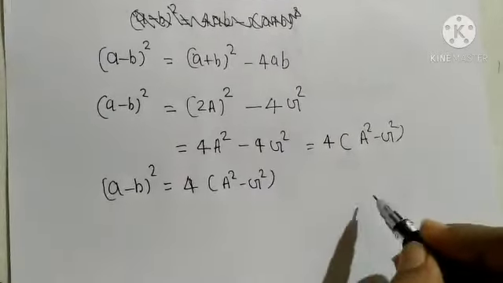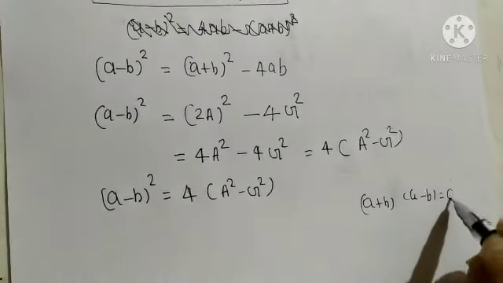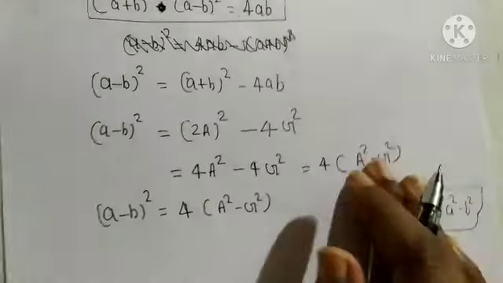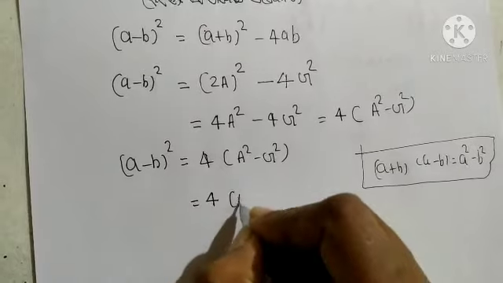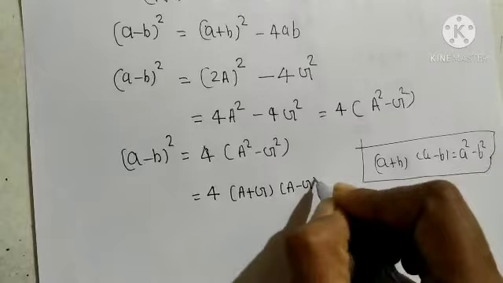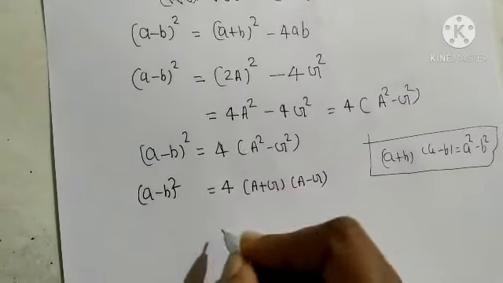We know that (a plus b) into (a minus b) can also be written as a square minus b square. Using this formula, A square minus G square can also be written as (A plus G) into (A minus G), right? And the LHS will remain the same.